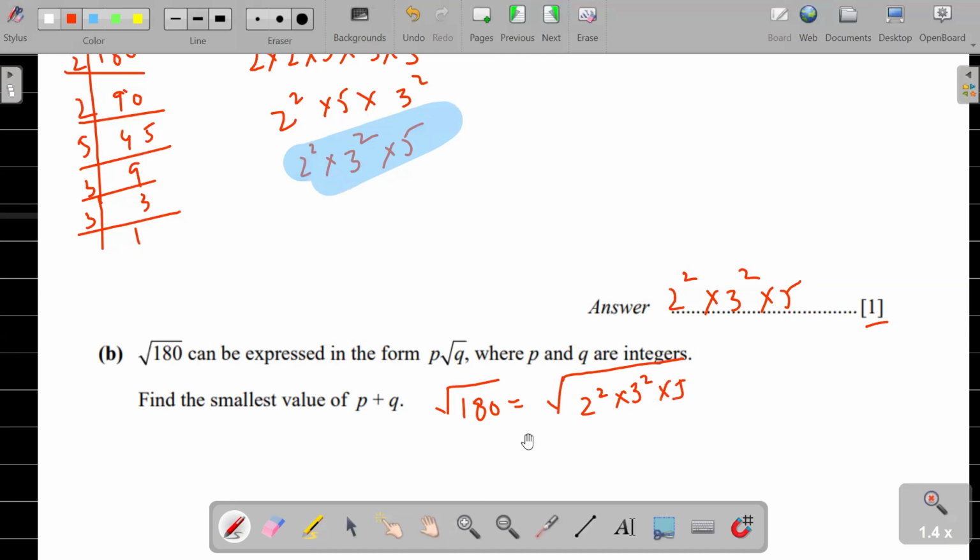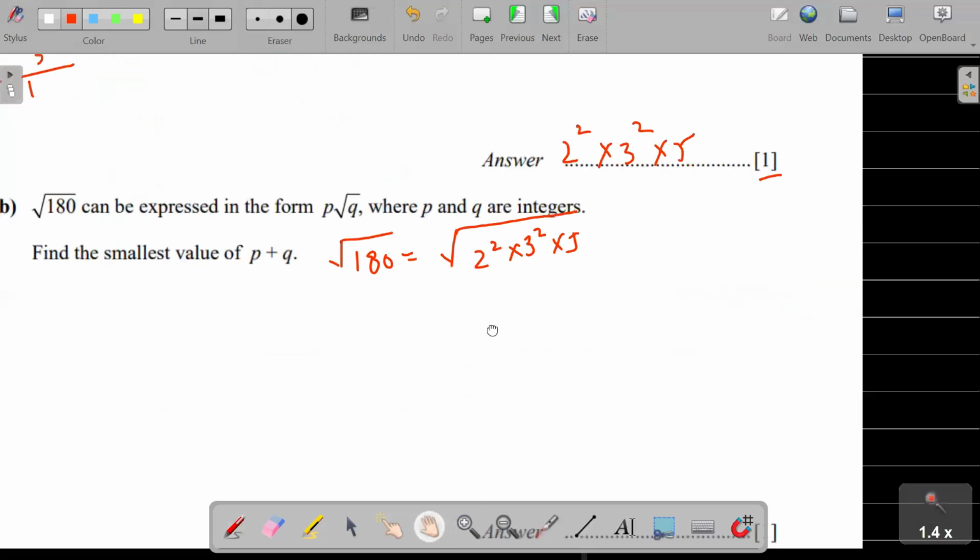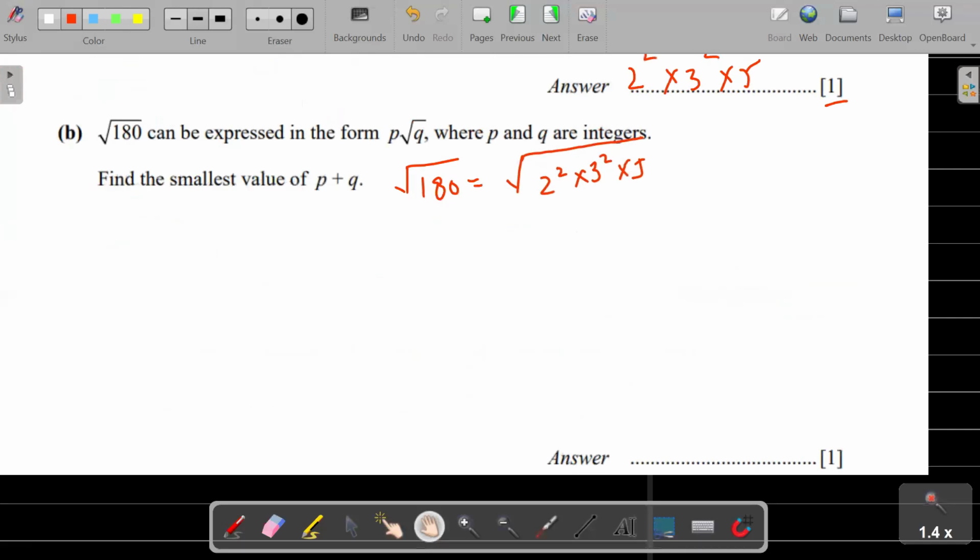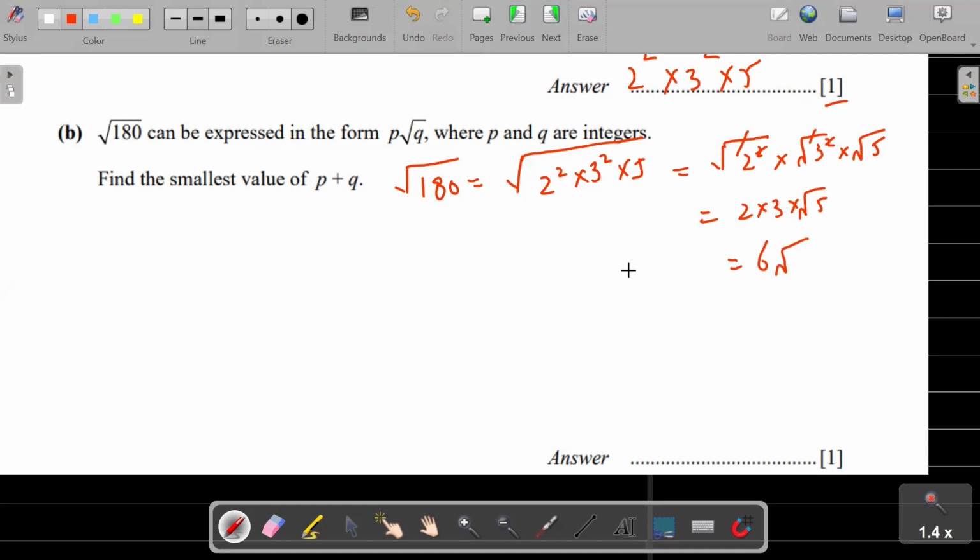There is one more thing which I have told you in many lectures, at least the last 2 lectures: if there is something in the square root, we can split the square root if the values are being multiplied. So I'm going to split it up, times the square root of 5. The square can cancel with the square root, and 3 times 2 is 6, so it will be 6 square root 5.